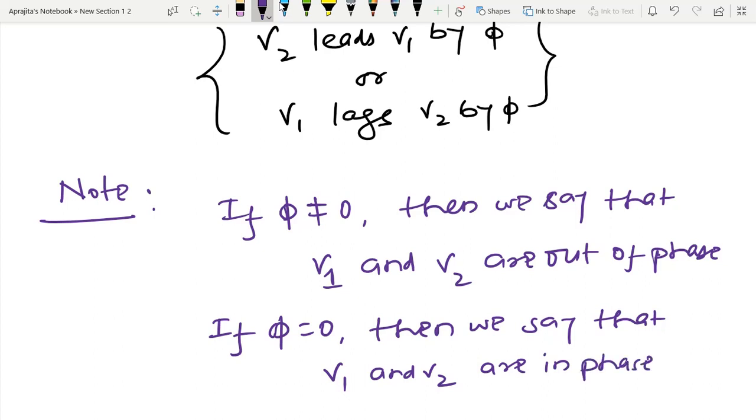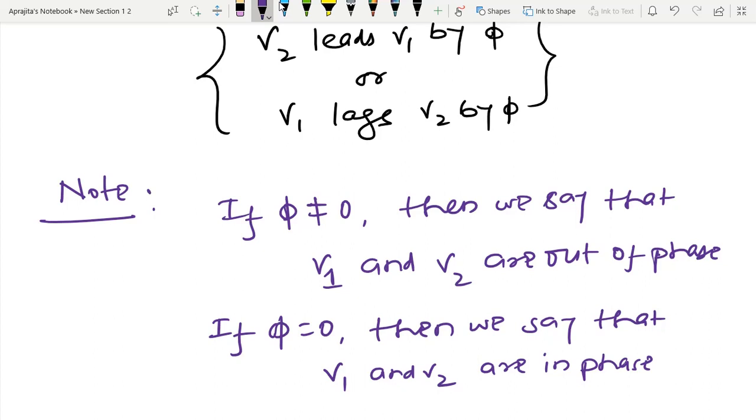Basically, in this course we are going to use two sets of terminology: one is leads or lags, and the other is out of phase or in phase.